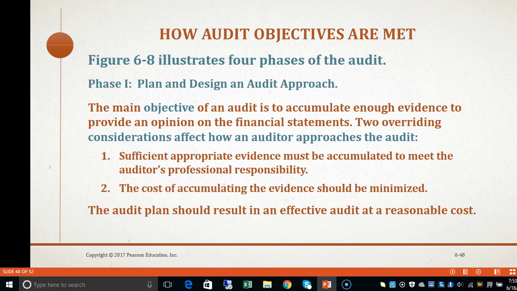If that part of the audit shows weakness, the auditor will most definitely do more testing and see that there's risk involved for errors. The cost of accumulating this evidence should be minimized, but again, the company that you're auditing, it is their responsibility to keep good books, to keep good record keeping.